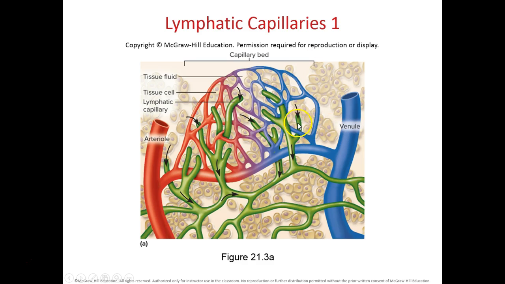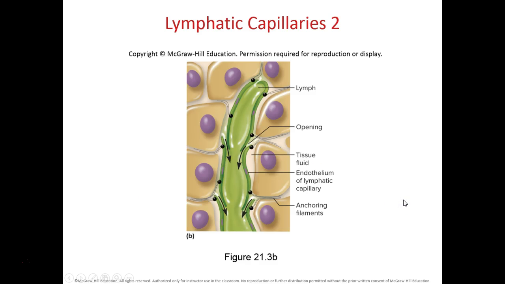We'll talk about how that happens. So you can see these vessels are basically intertwined with these capillaries. They're all throughout the tissue as well, so they can pick up that excess fluid. And as this fluid goes in, it starts to move through these vessels in various ways. And we'll talk more about how that works.